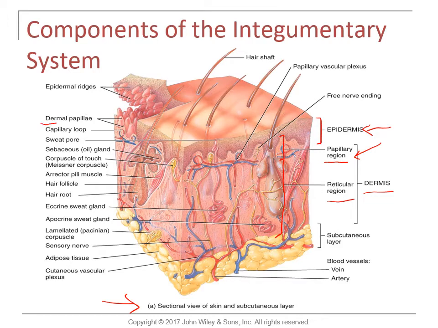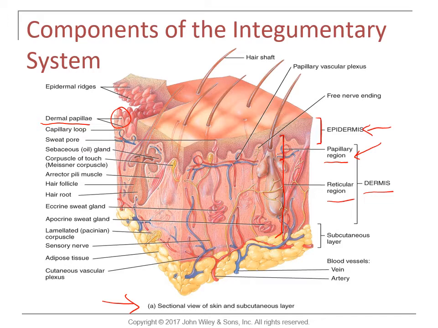So here in this figure, those are going to be the dermal papillae, which are small nipple-shaped structures that project into the undersurface of the epidermis. And all dermal papillae contain capillary loops.